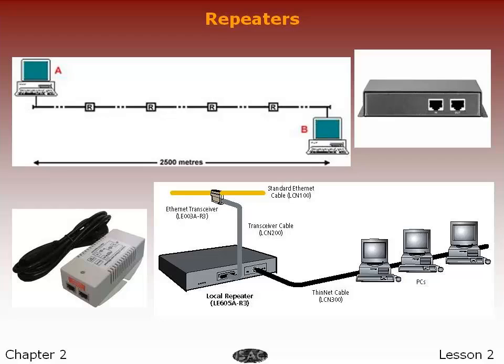Here you can see two computers which are located far from each other. The distance between them is approximately 2.5 kilometers. A regular Ethernet RJ45 twisted pair cable can deliver the data up to 150 meters.